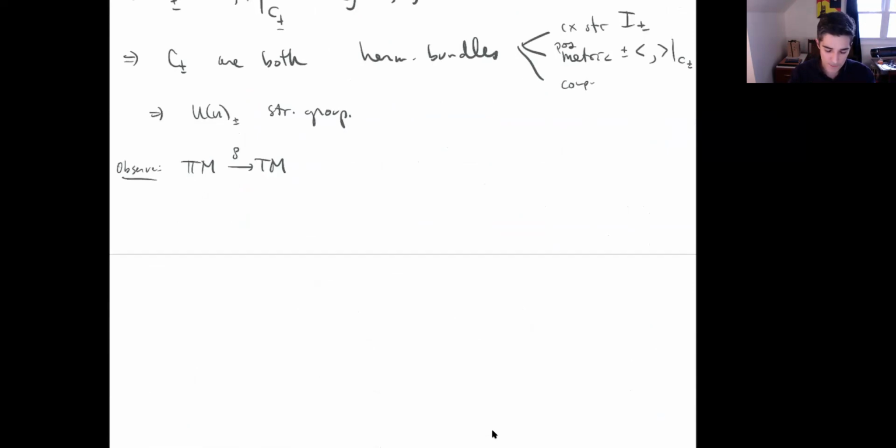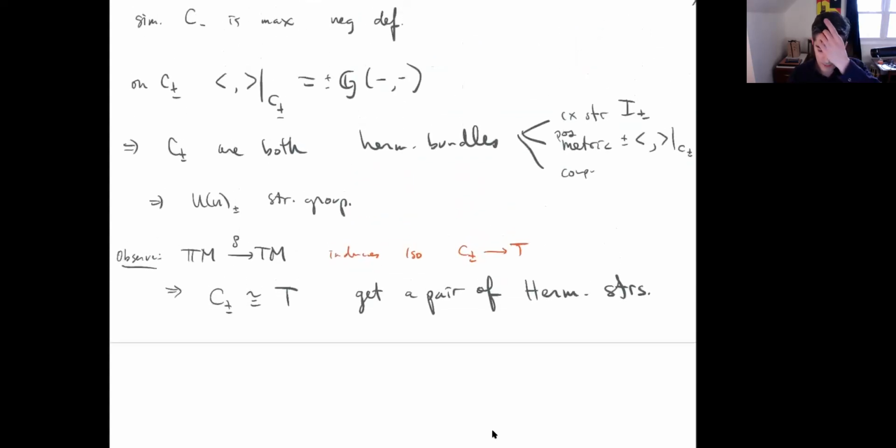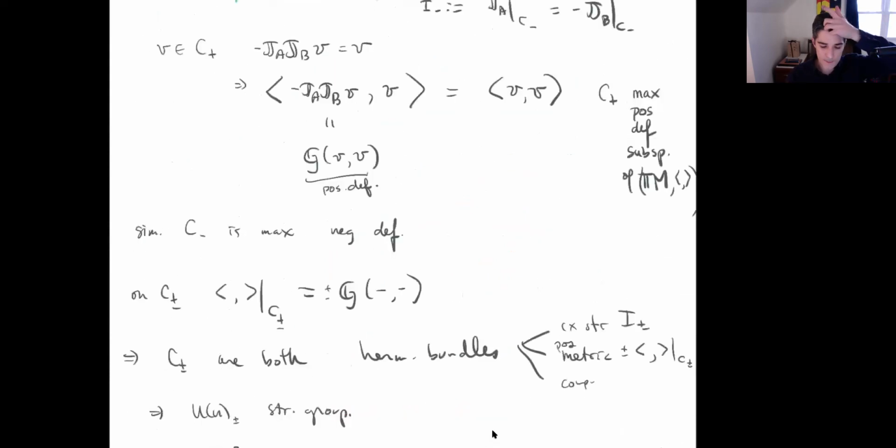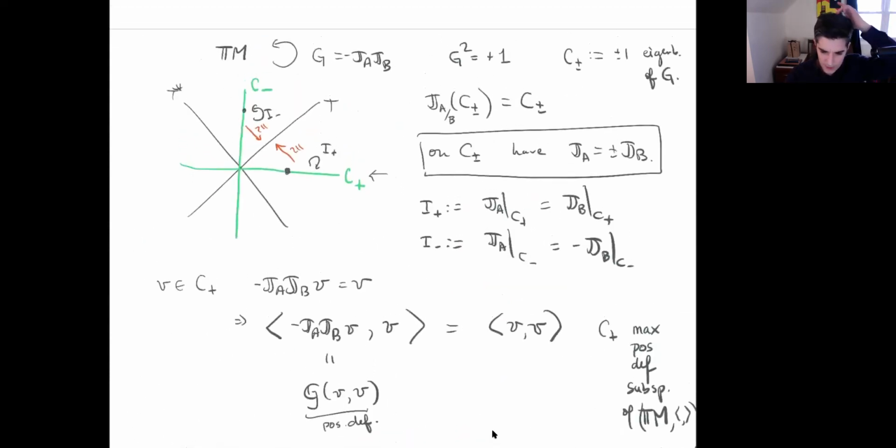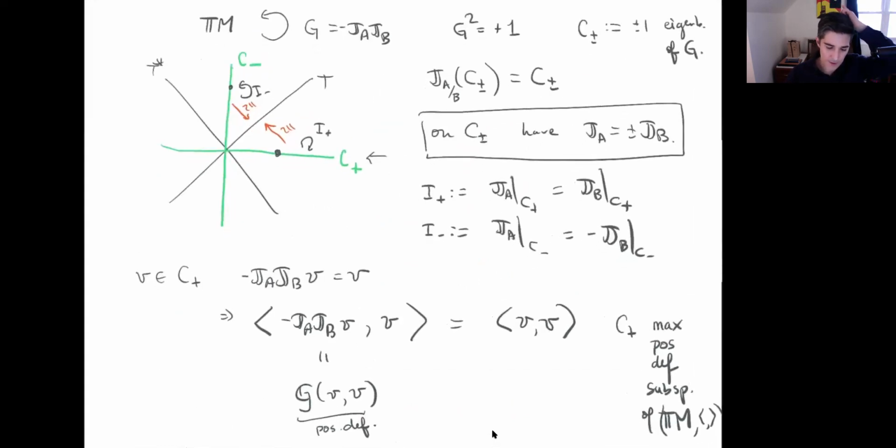So this induces isomorphisms from C plus minus to T. And this implies that C plus minus is isomorphic to T, and we literally get a pair of Hermitian structures on T. And the last thing to observe is that the Riemannian metric that is induced on T from C minus or from C plus is actually the same.